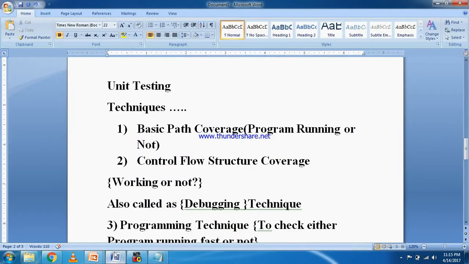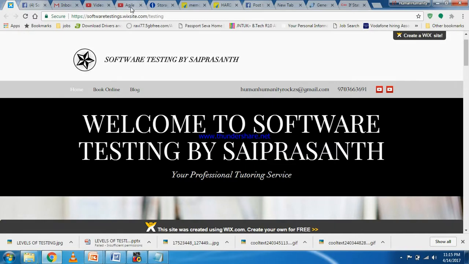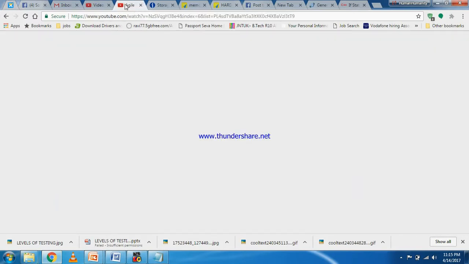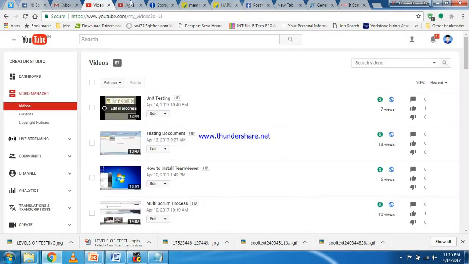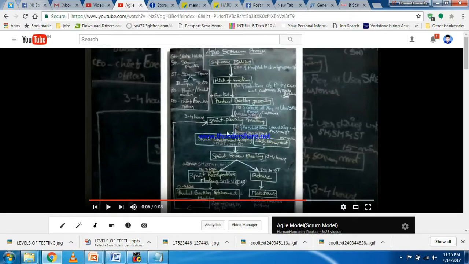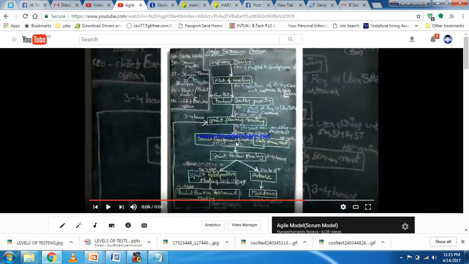In the previous session we discussed unit testing. Let us see the Agile Scrum flow diagram. You see here, in the sprint development and testing phase we are here. In product backlog grouping and the sprint planning meeting, you observe the documents. And in the sprint development meeting, the Scrum team developer is going to develop the design.